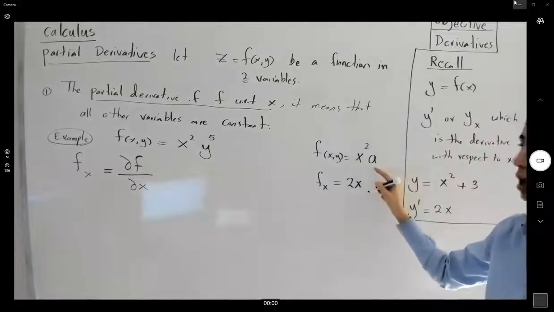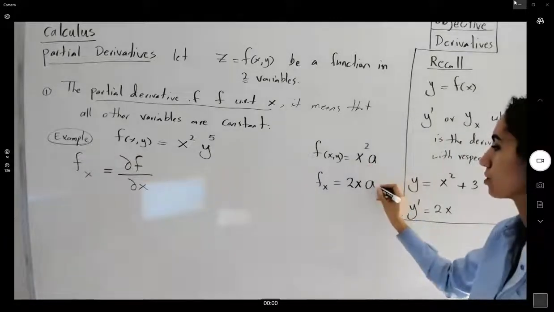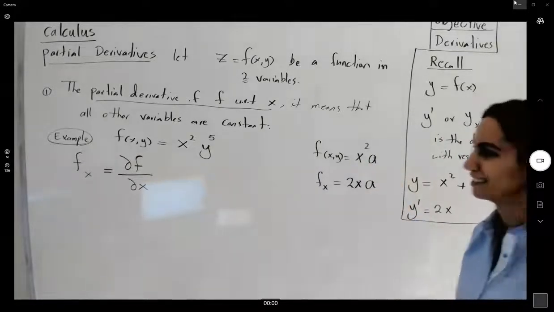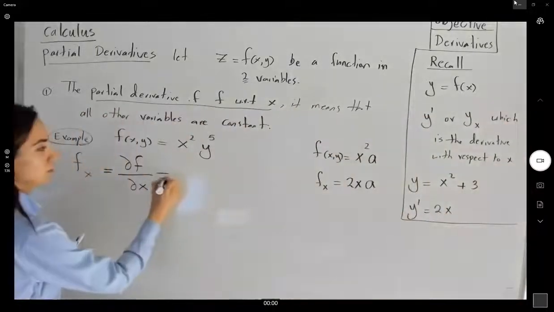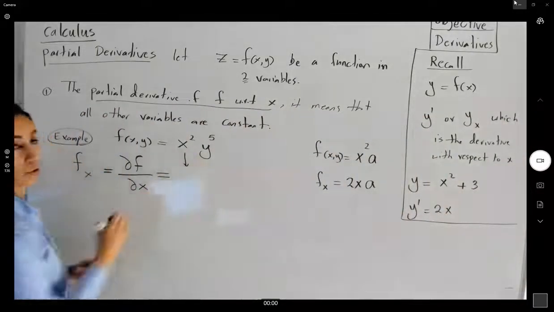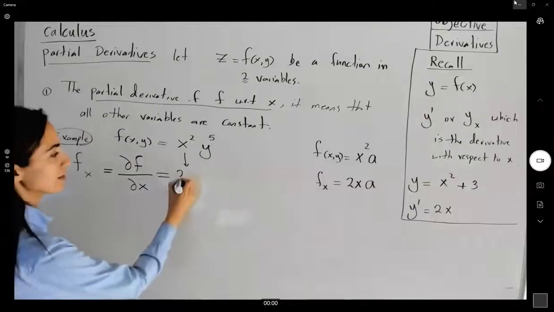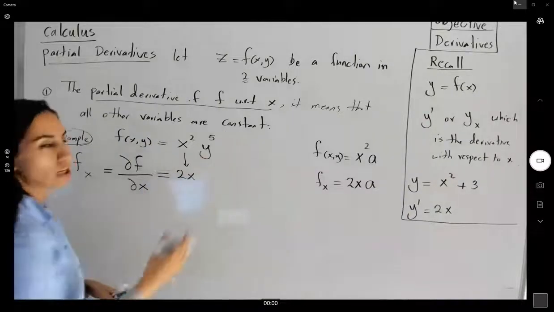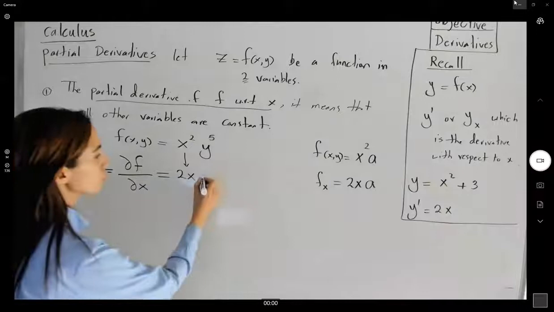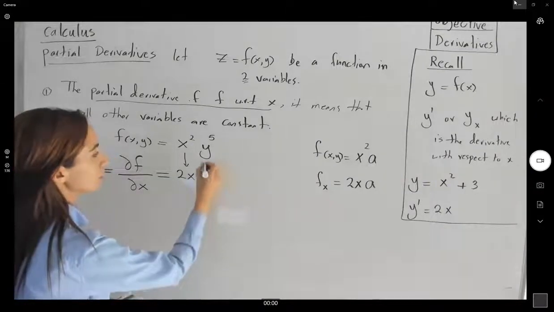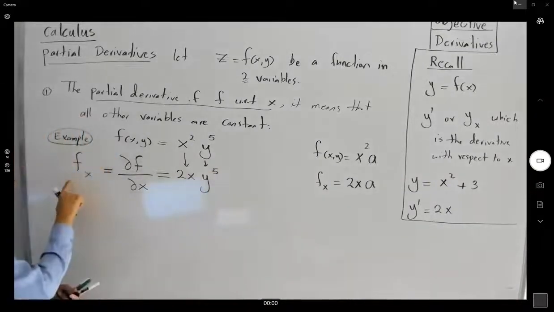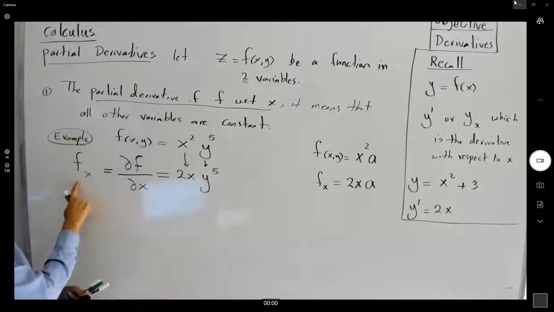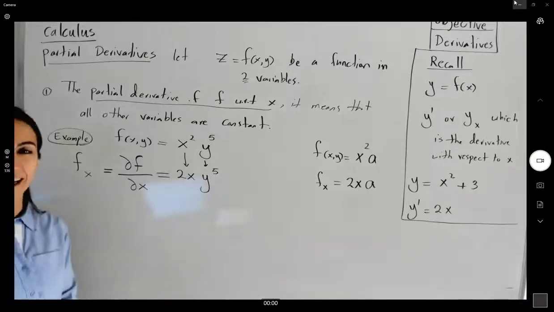And here you have your constant, which is multiplied, so copy down your a. So here you take the derivative with respect to x, which is 2x. And since y to the fifth is just a constant, you're going to copy this down here. This is the partial derivative of f with respect to x.